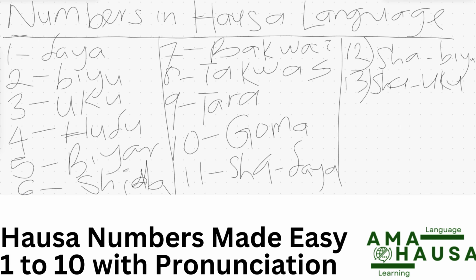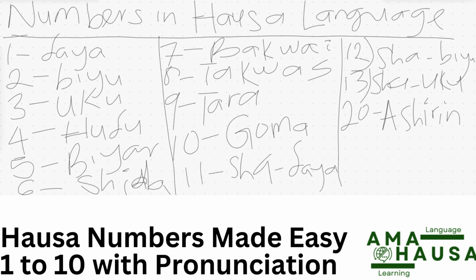When you get to 19, which is sha tara, 20 is ashirin. Like I say again, Hausa is, let me say, easy to some extent.